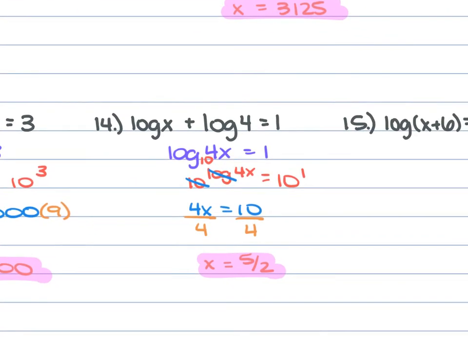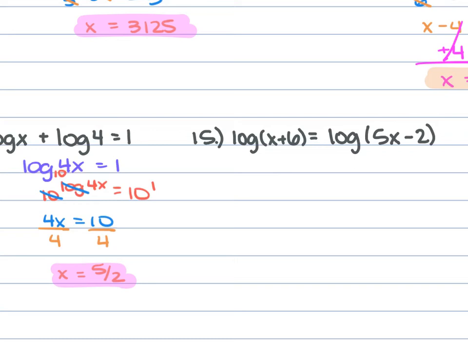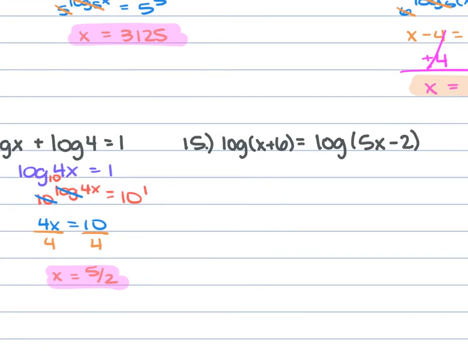For 15, you have log of (x plus 6) is equal to log of (5x minus 2). The bases here are 10. So this is going to become 10 to the power of log (x plus 6) is equal to 10 to the power of log (5x minus 2). Our bases cancel out the logs, so it's just going to be x plus 6 is equal to 5x minus 2.